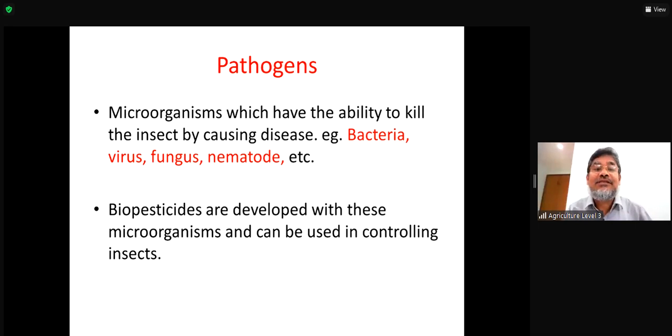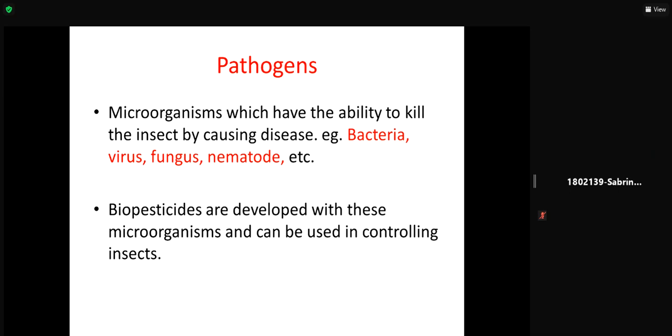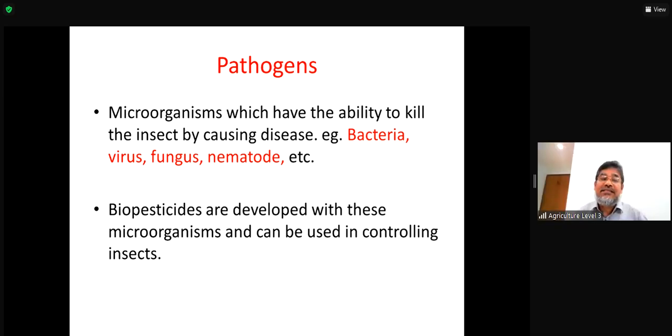I'm coming to the pathogens. Pathogens are microorganisms that have the ability to cause disease. Bacteria, fungus, and virus are the mainly common microorganisms. Many times our insects also get diseased and die. Just as now the microorganism coronavirus is attacking us, and some of us are lucky to survive, but many are not.